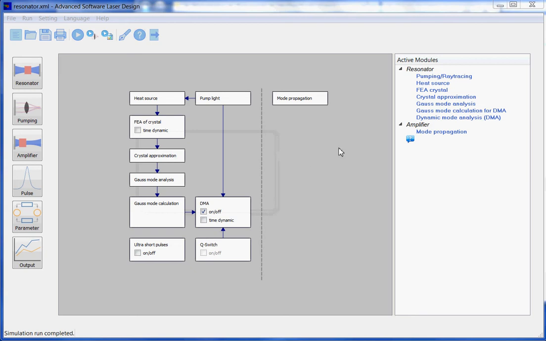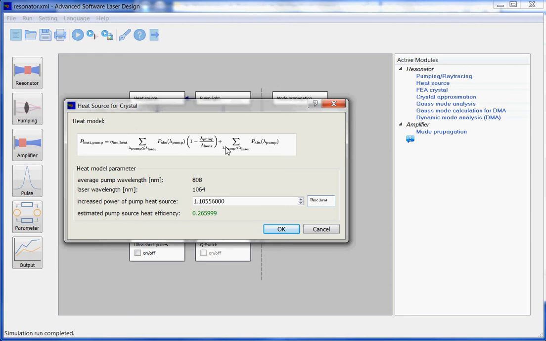Now after running ASLD, you can see that ASLD has used the following more complicated heat source model. You see that ASLD distinguishes pump frequencies with a wavelength smaller than the wavelengths of the laser light, and those larger than the wavelengths of the laser light.